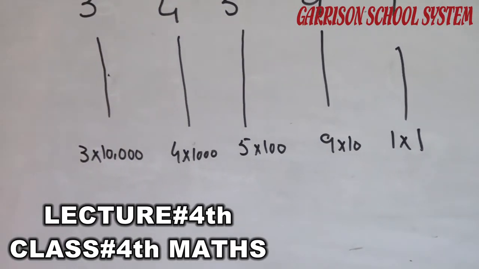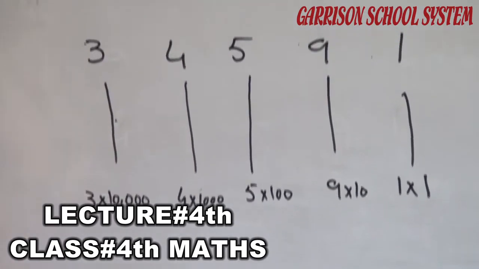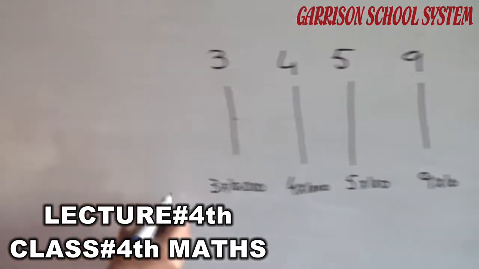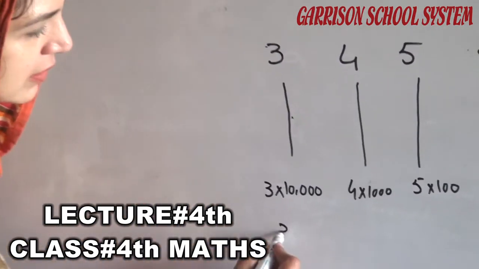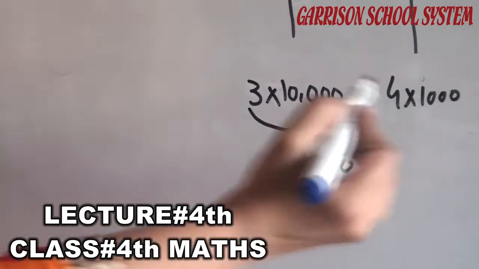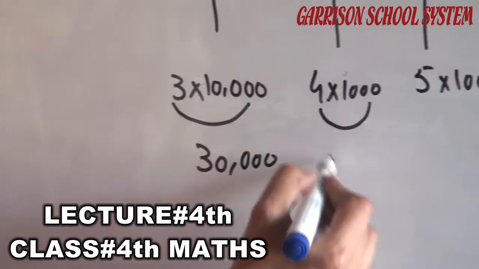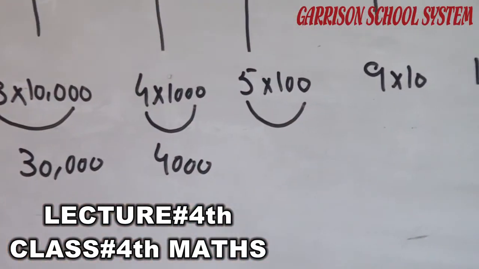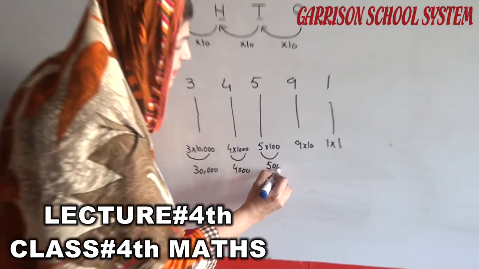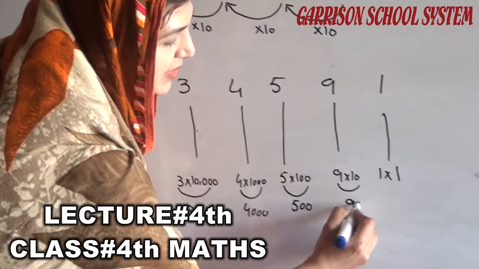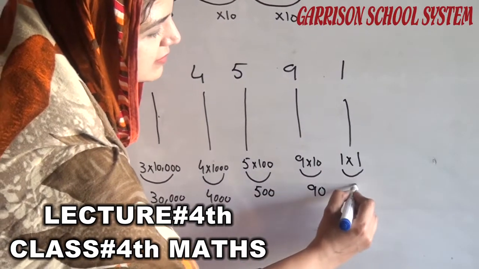And when we multiply the numbers, students, look: 3 into 10,000 is 30,000, 4 into 1000 is 4,000, 5 into 100 is 500, 9 into 10 is 90, and 1 into 1 is 1.